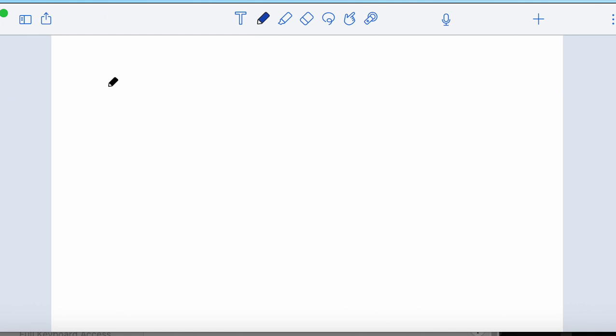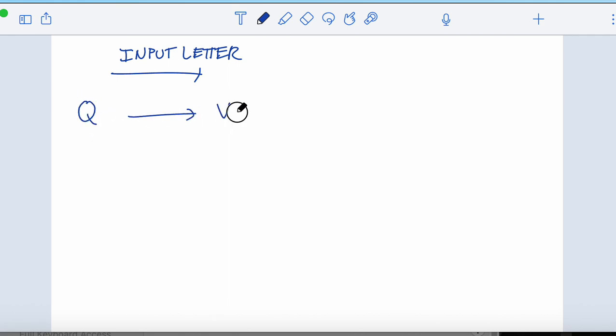We had an input letter embedding. The letter Q becomes the vector VQ, and then we had an output letter embedding.